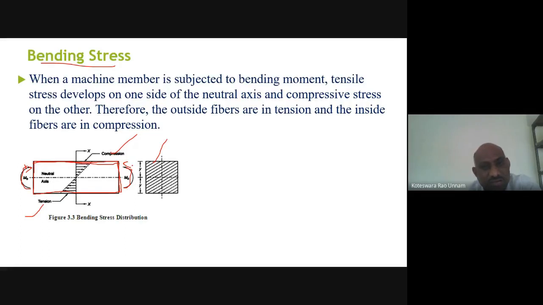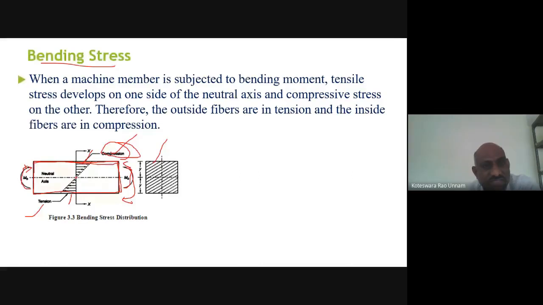Depending upon the direction of the applied bending moment, if we reverse the direction of the bending moment, this will also reverse. So now, the top side has tension and the bottom side has compression if you reverse the bending moment. But both will exist here, and not only that, the stress is not constant throughout the cross section of the beam. In case of bending, the stress varies linearly.